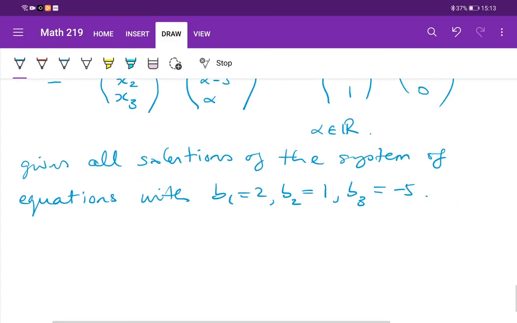So we can see that depending on the choices of b1, b2, and b3, we either have no solution or infinitely many solutions.